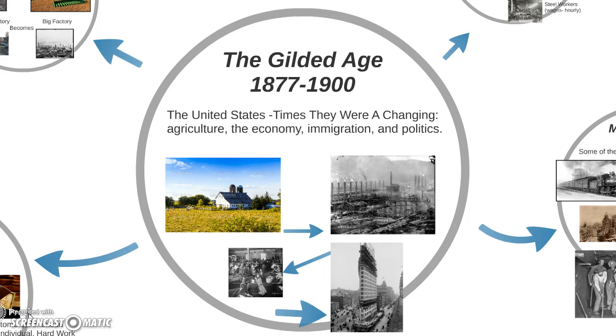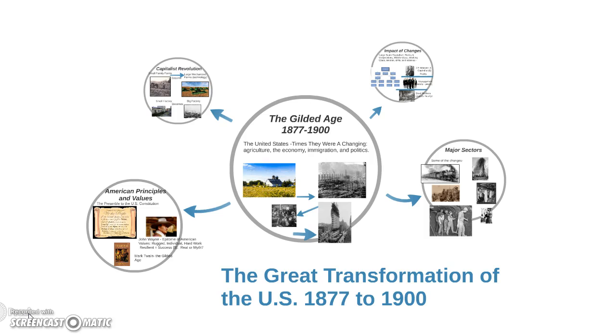And that's a position that the United States has not lost yet, though there are certainly other nations, China in particular, that may be challenging the United States. It is quite clear that the United States still occupies that number one position in terms of the biggest economy in the world and the most wealth. And that really is a product of the transformations in this time period that we're studying right now.